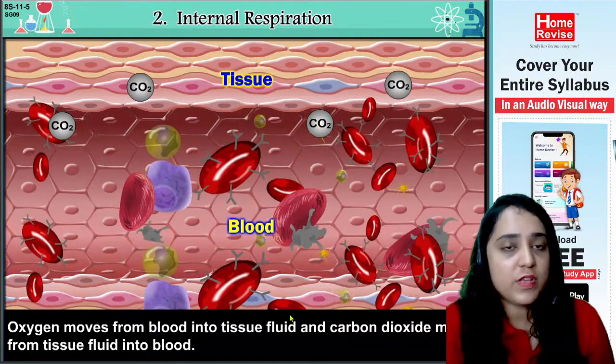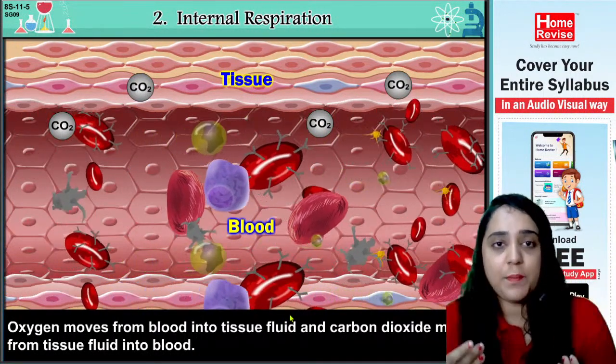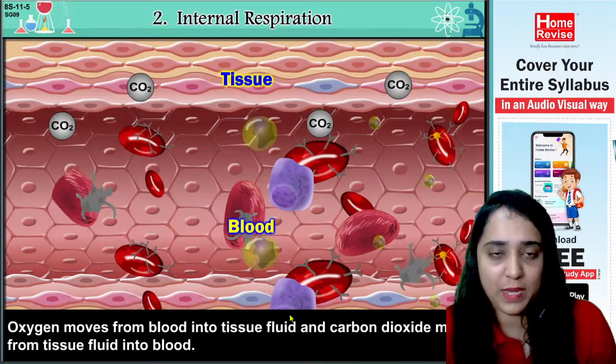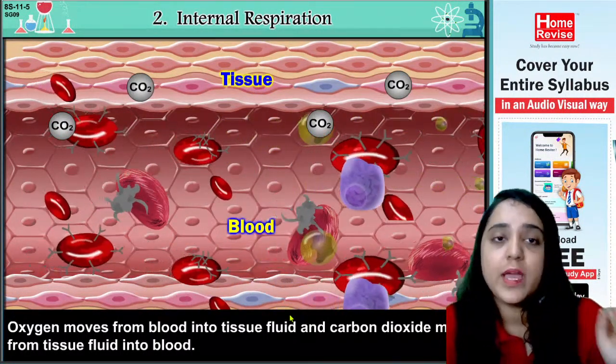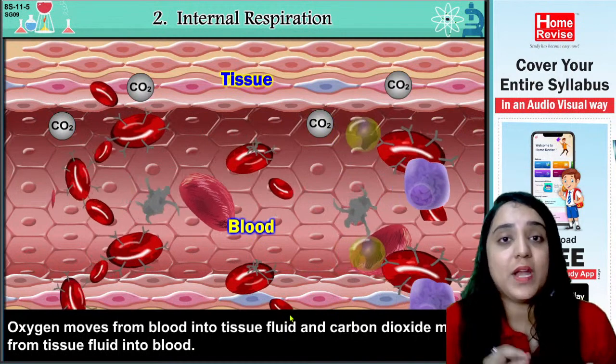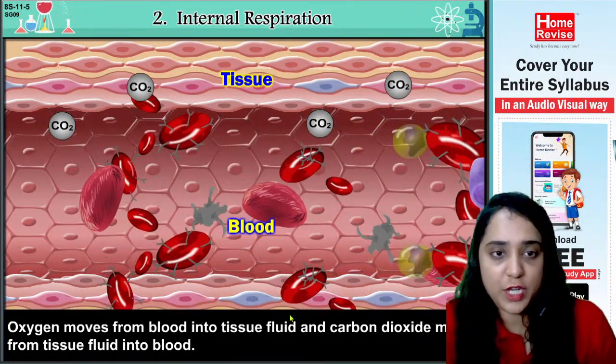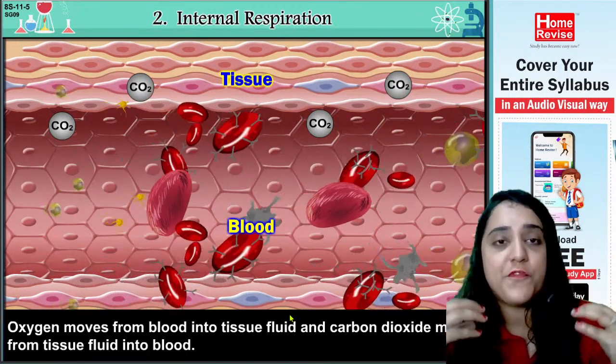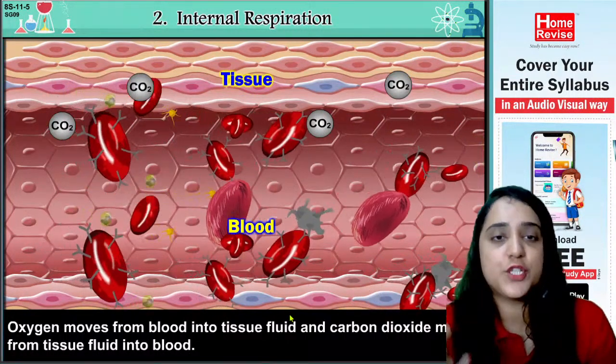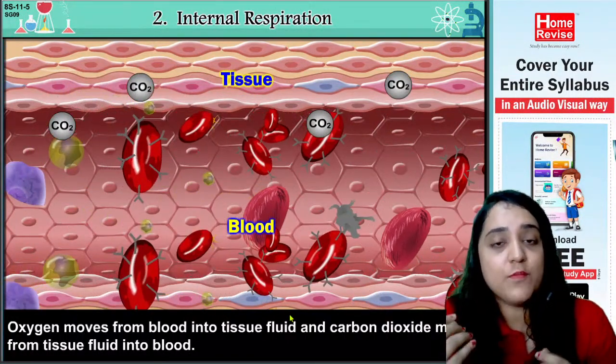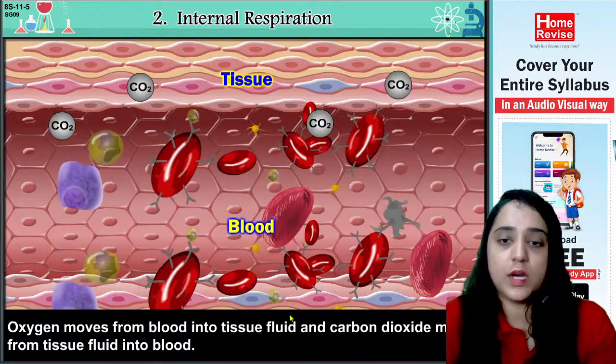In the external respiration, our nose, our windpipe and the lungs take part. All three participate in the external respiration. But when we are talking about the internal respiration, oxygen moves from the blood to the tissue, and the carbon dioxide moves from the tissues to the blood.